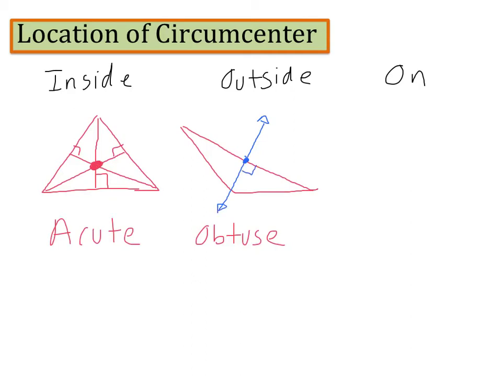Then for this bottom line right here, the midpoint would be right about there. So this perpendicular bisector will go up this way. And finally for this side, here's this point, which is in the middle of this line, and if I draw that perpendicular bisector, it'll come here. So we can see that these points intersect somewhere outside of the triangle.